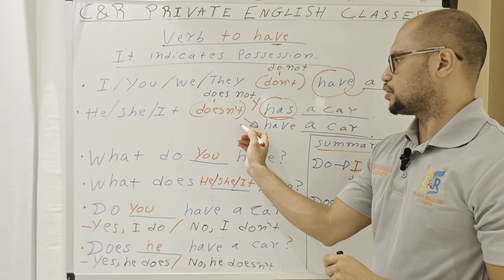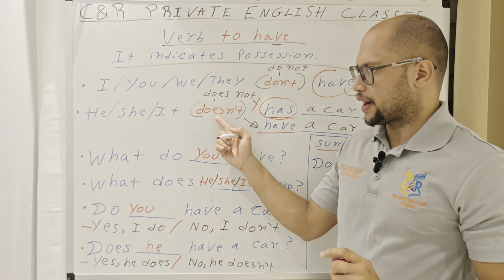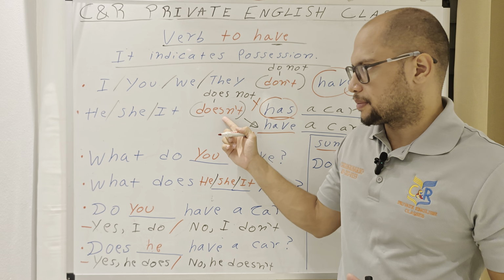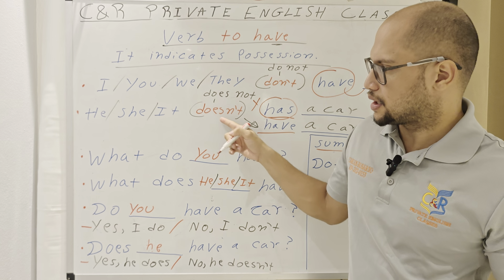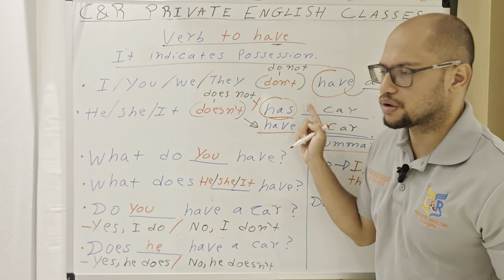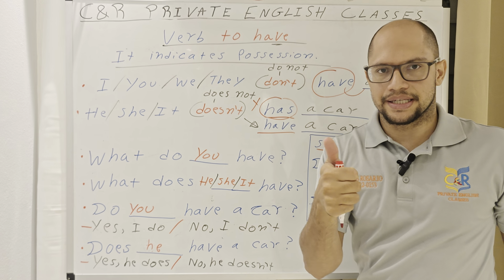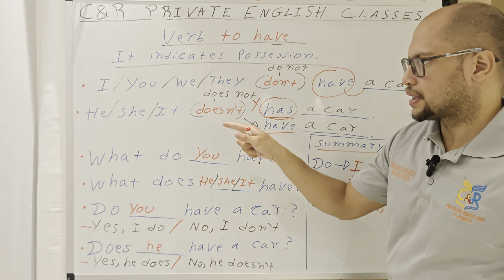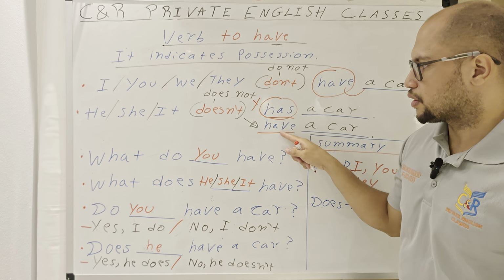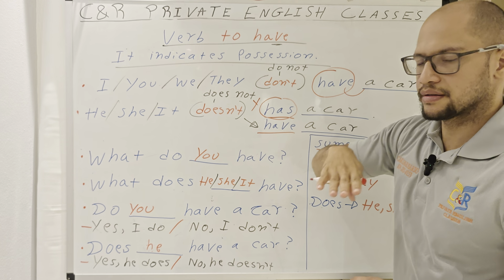You're going to use have. When you have the auxiliary doesn't with he, she, it, you are not going to use has. You use has in affirmative sentences. Now in negative, that you have doesn't, you're going to use have in the base form, like this.